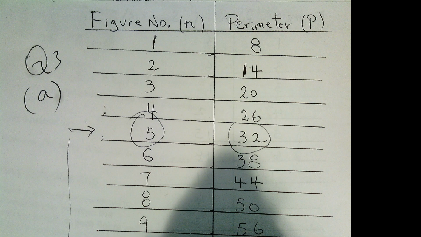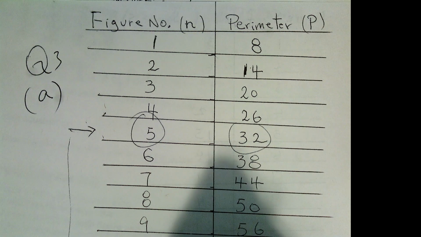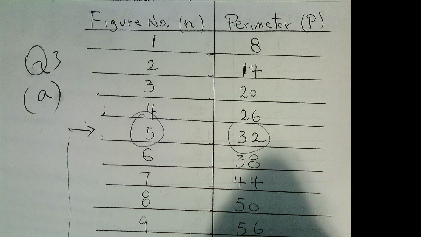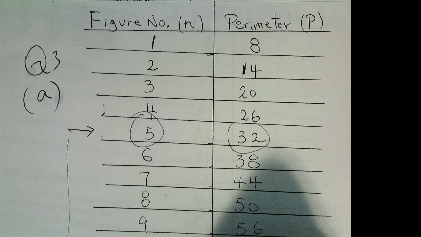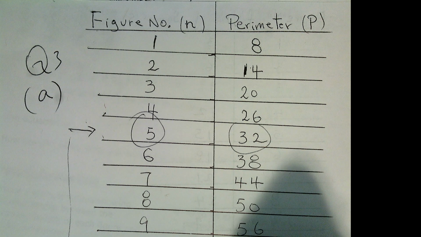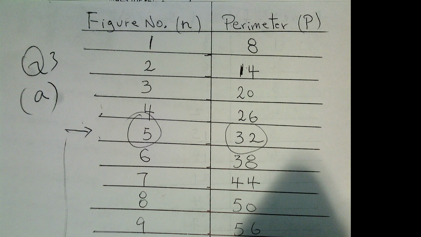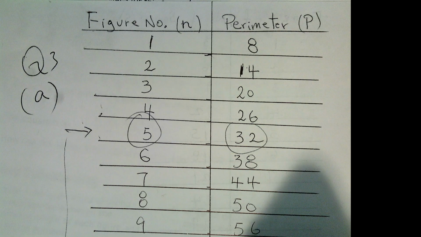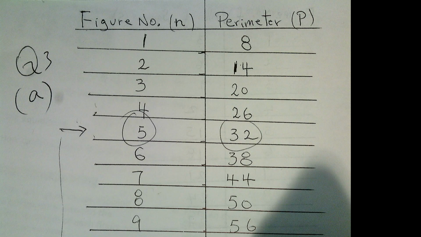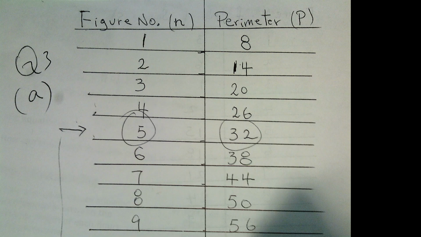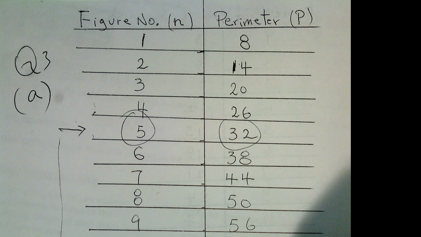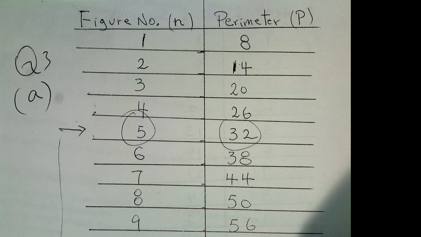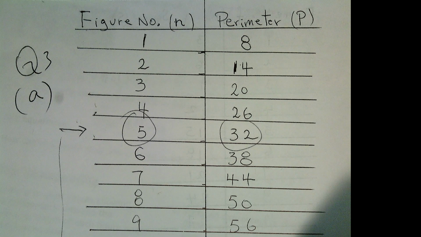Diagram number 5 means one, that's 1, 2, and that's 3 right here, and I'm going to add the line in between, the key line.